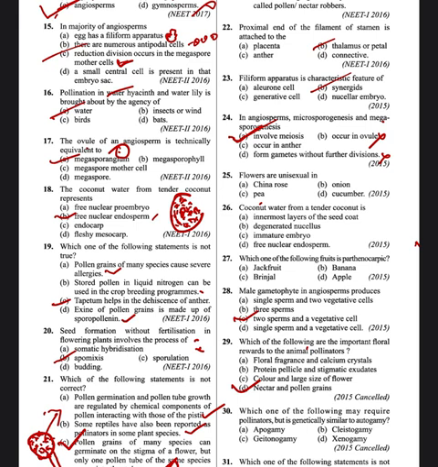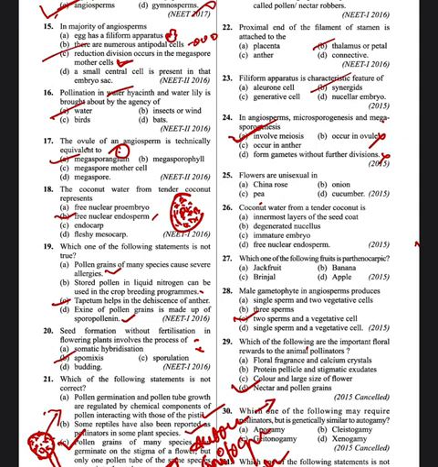Which one of the following may require pollinators but is generally similar to autogamy? We have three kinds of pollination: autogamy, geitonogamy, and xenogamy.